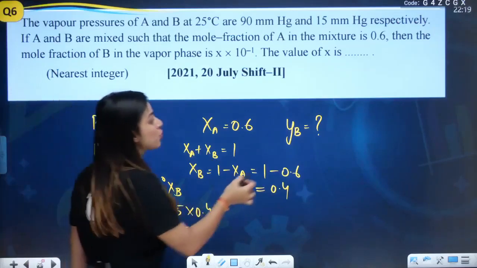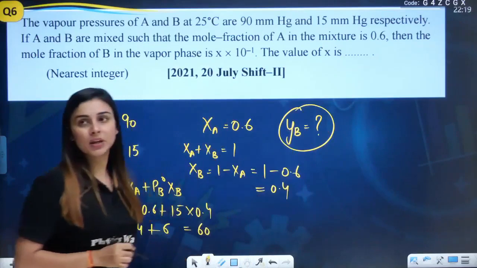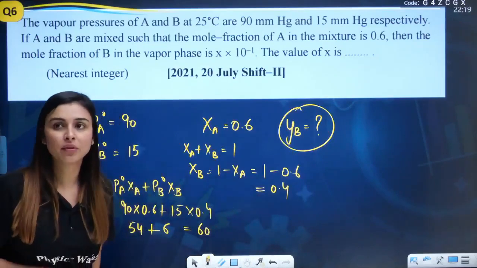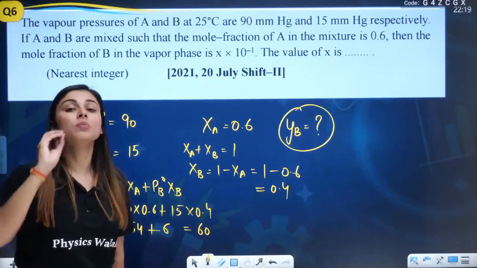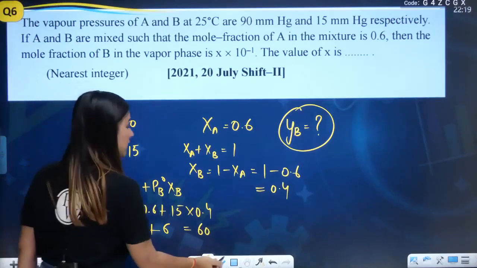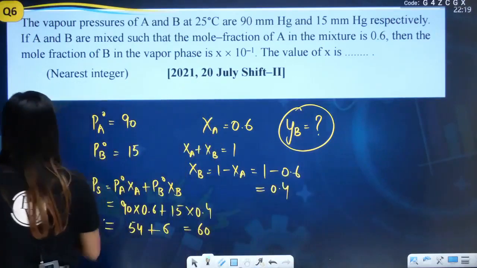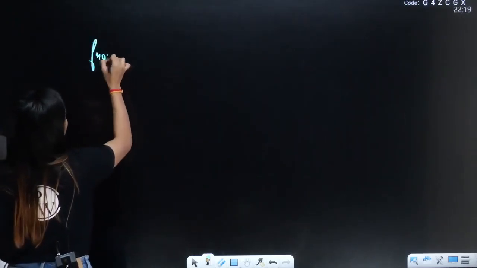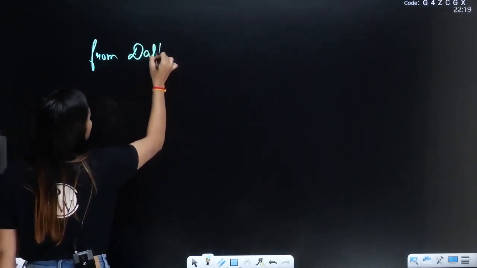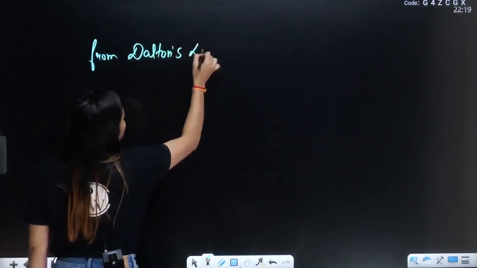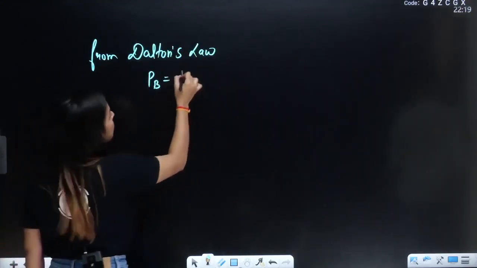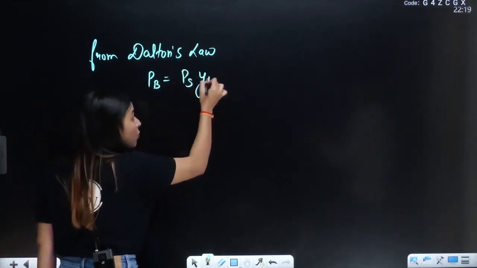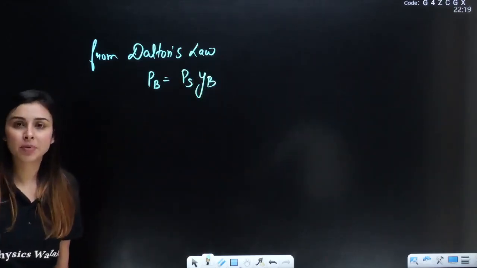You are supposed to calculate Y of B. My dear students, from Dalton's law, we know that PB will be equal to PS into the mole fraction of B in the vapor phase, right?